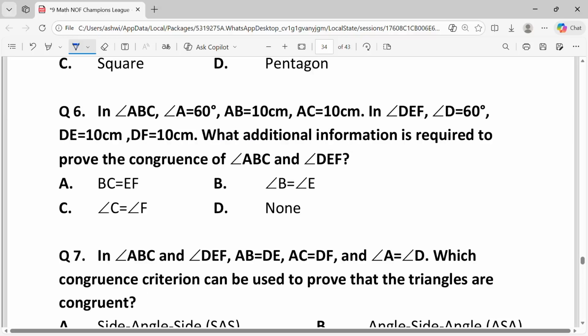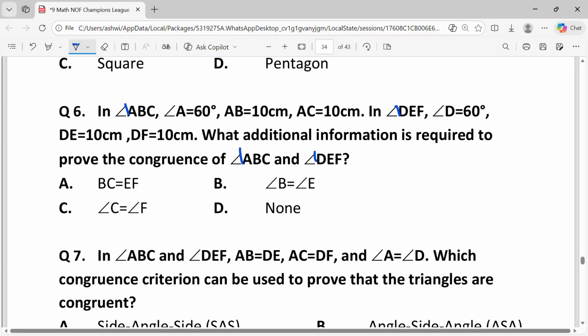Question 6. In triangle ABC, angle A is 60, AB is 10, AC is 10 centimeter. In triangle DEF, angle D is equal to 60, DE is equal to 10 centimeter and DF is equal to 10 centimeter. What additional information is required to prove the congruence of triangle ABC and triangle DEF?